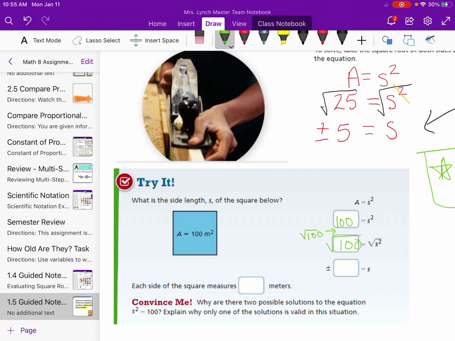Oh, actually, no, that's what they wanted us to do right here. Sorry. Then you take the square root, it would be plus or minus 10. Remember, plus or minus. But in this problem, we're talking about side length, so length cannot be negative. So each side of the square is going to measure 10 meters.